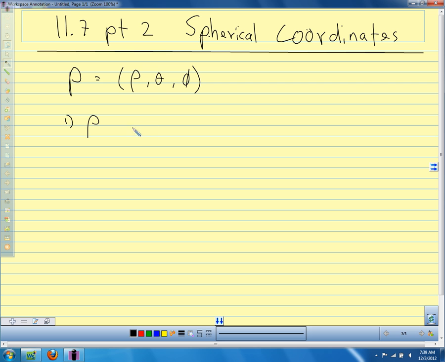Rho is the distance between P and the origin. So this is kind of like our radius. Rho is the distance between P and origin, and rho is always greater than 0.